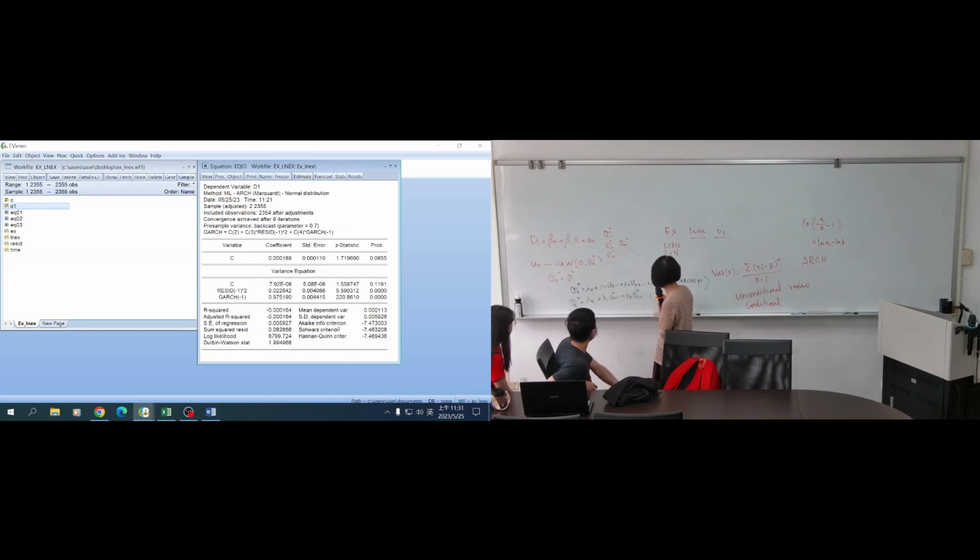Okay, then this will be the GARCH. And it can be shown that the higher order of this one approaches this one. So this is more general than ARCH. That's why we call it GARCH.